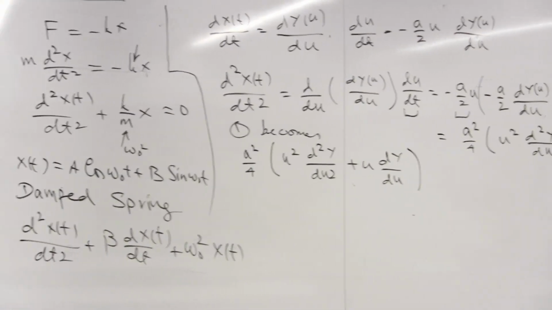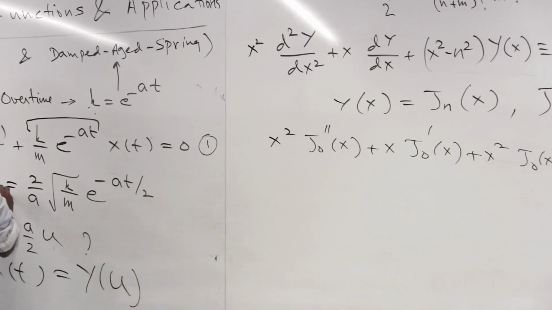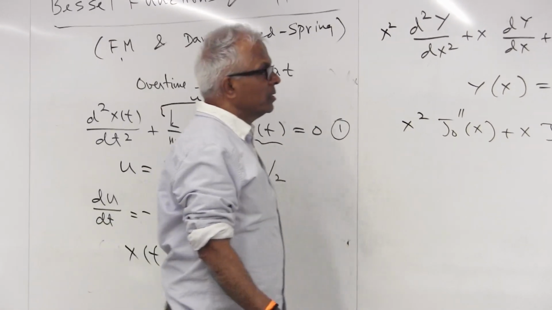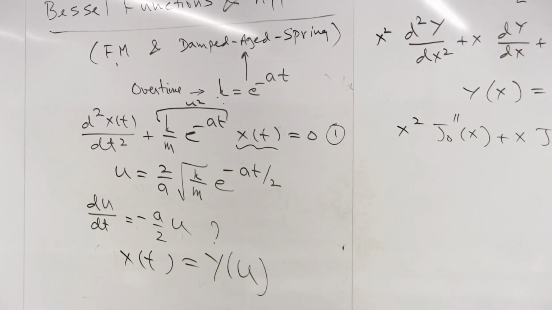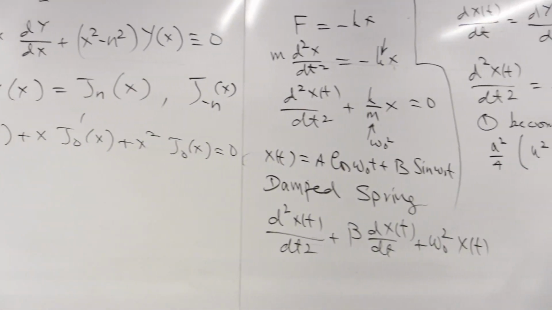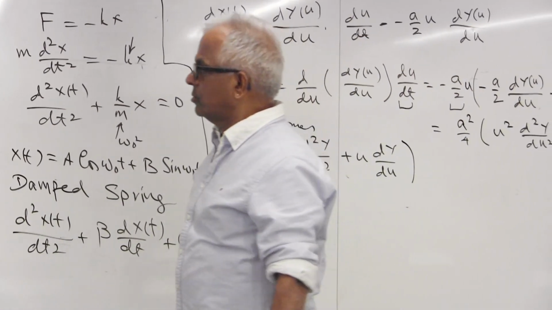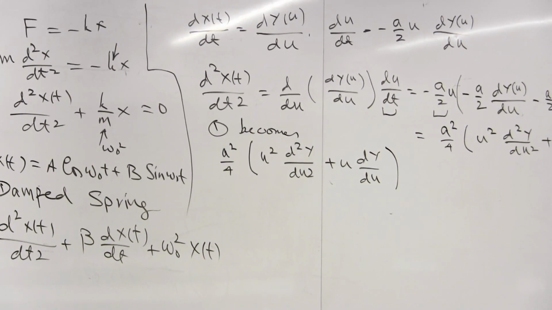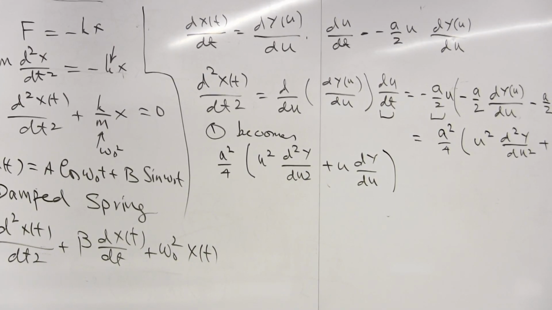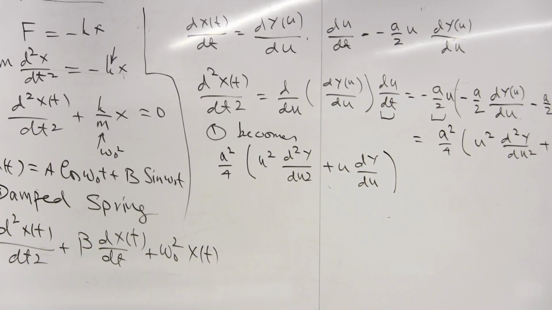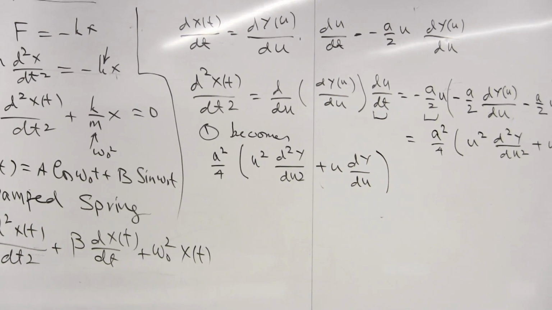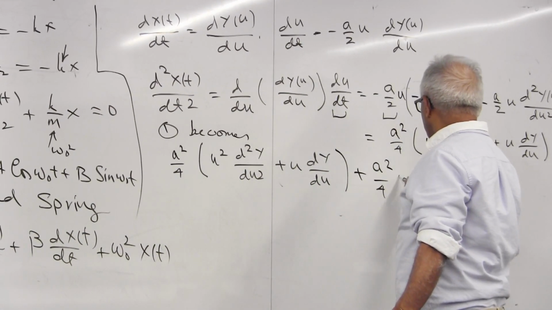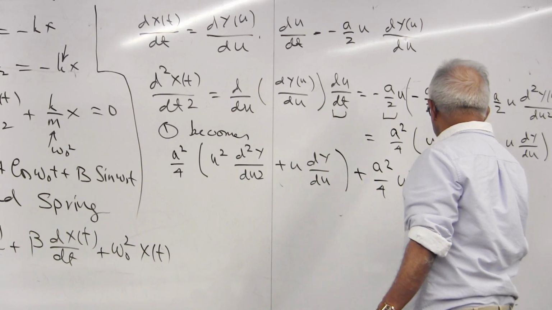Then you can see this whole quantity is, u squared would be 4 over a squared, so this will be a squared over 4 multiplied by u squared, k over m. So this is plus a squared over 4 u squared y equal to 0.